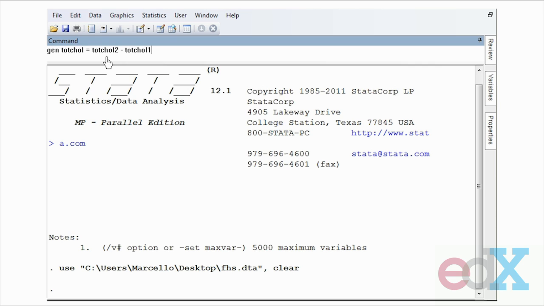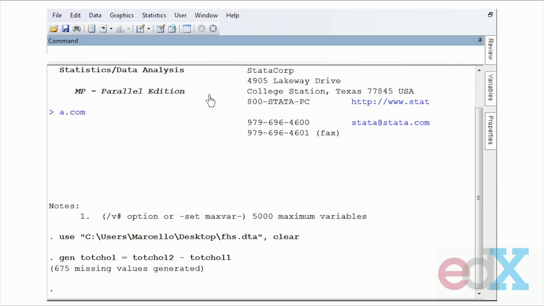So now we are going to see the difference between the cholesterol levels at time 2 and the cholesterol levels at time 1. So we generate that and we look down here and we see, wait a minute, there are going to be 675 missing values generated.